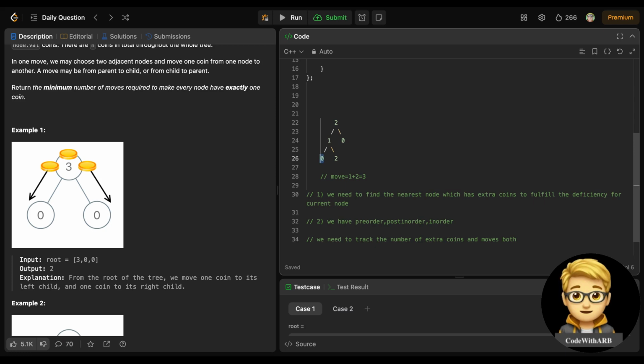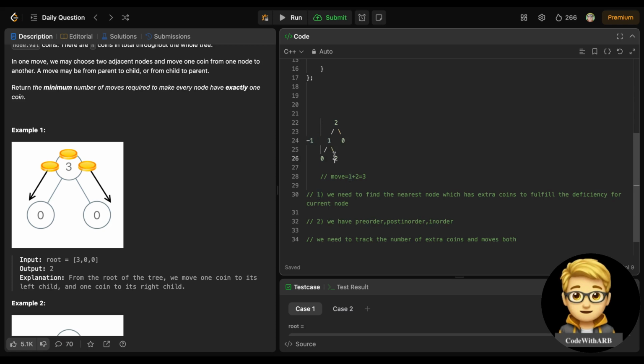Because it is a leaf node, it doesn't have children, so it will tell its parent that I require one coin. So can I send -1 to here?